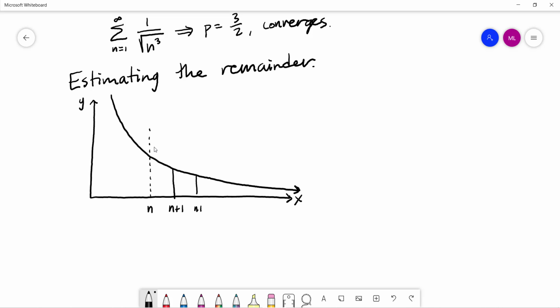Here's where n plus 2 is. And here are those rectangles corresponding to these various pieces. N plus 3, n plus 4, dot, dot, dot, dot, dot.